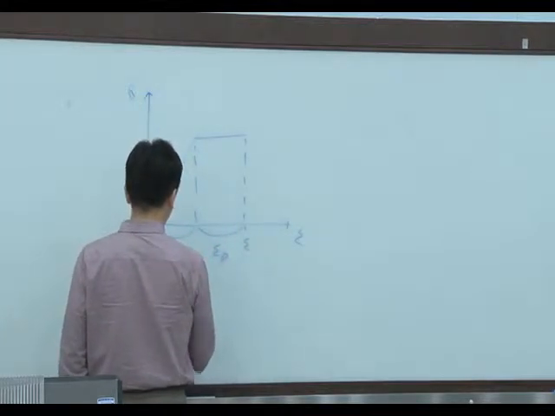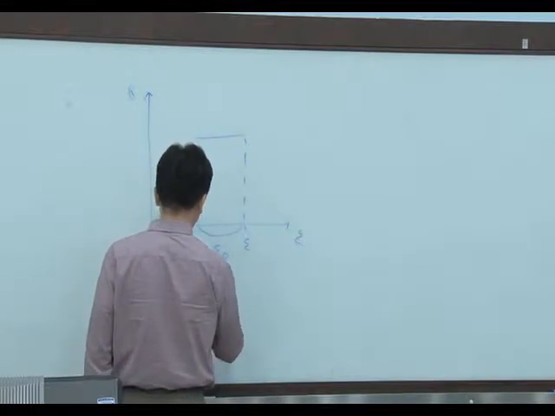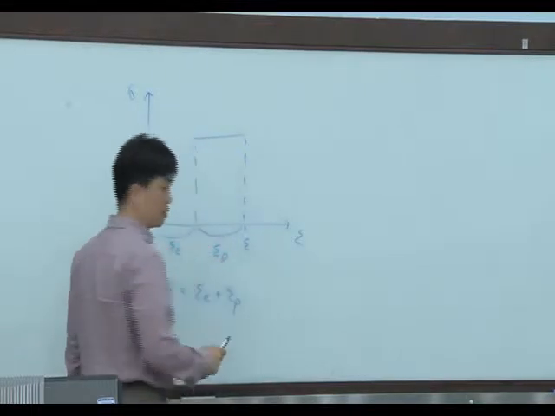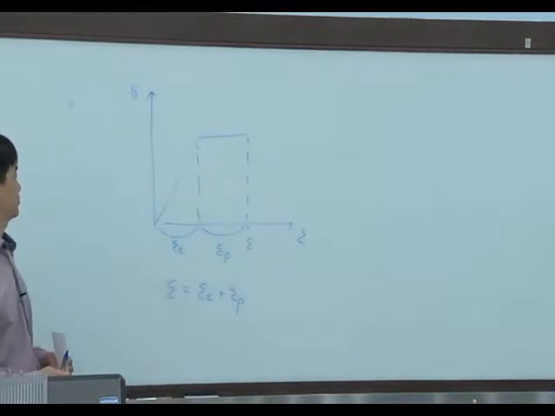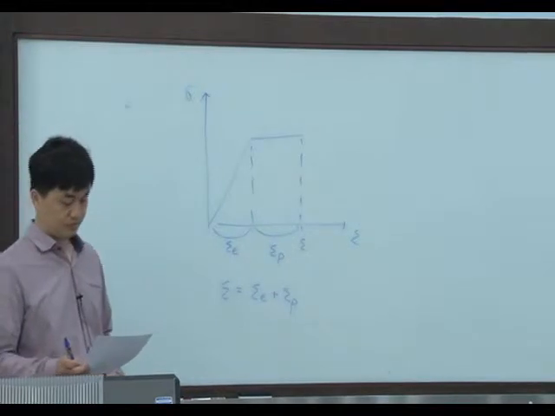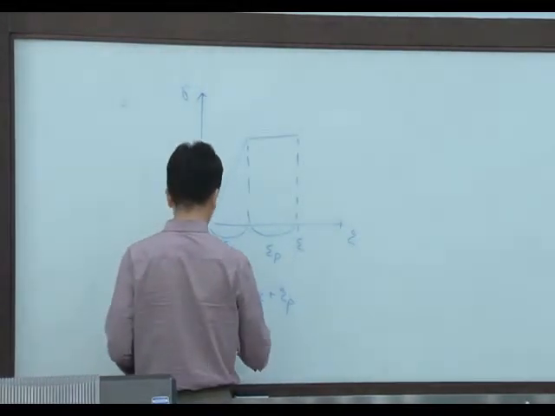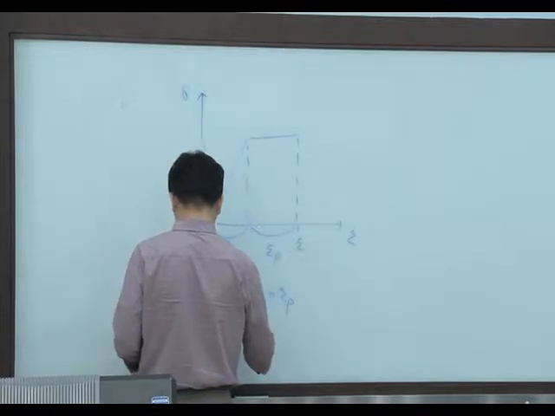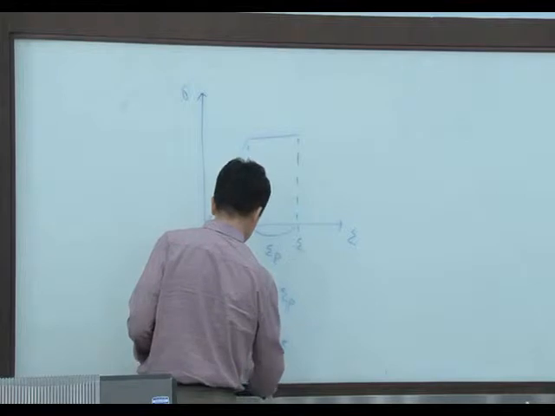So total strain is just the sum of elastic strain plus plastic strain, right? And we know the material law. Material law is sigma equals E times the elastic strain.